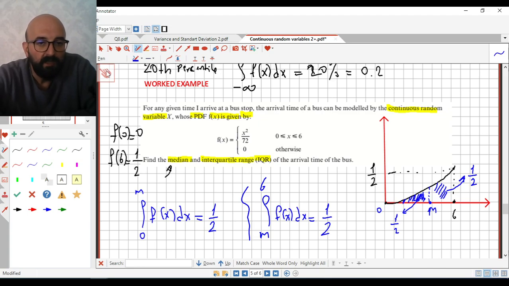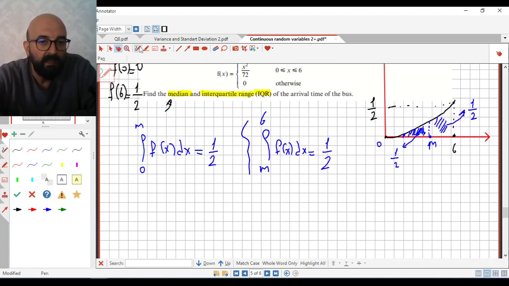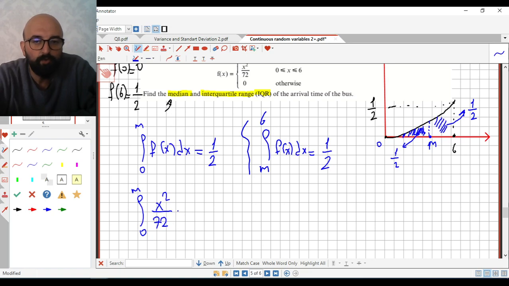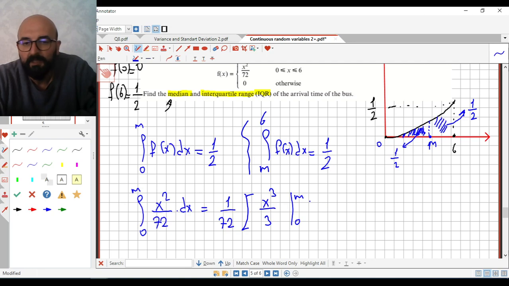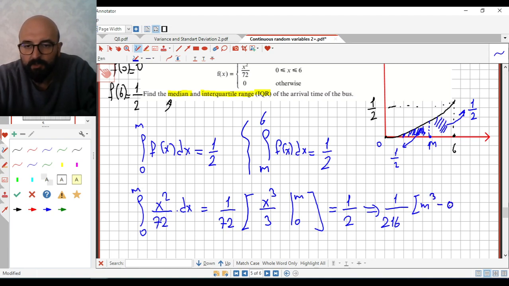Okay. Now I want to use the first one: the integral from 0 to m of x squared over 72 dx, which is 1 over 72 times x cubed over 3 from 0 to m, and should be 1 over 2. Now 1 over 216 times m cubed minus 0 should be 1 over 2.